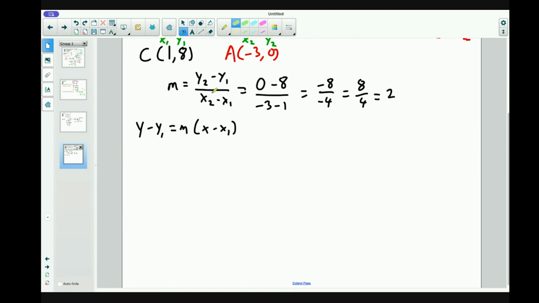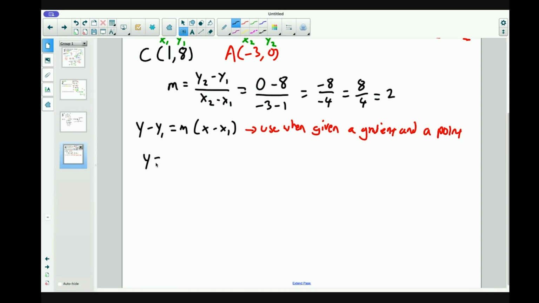All we've done is multiply the denominator, x2 minus x1, back up over here, okay? So in this case, we can use this equation when given a gradient and a point.